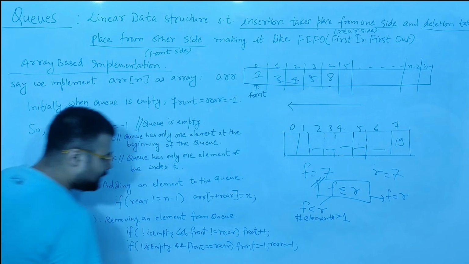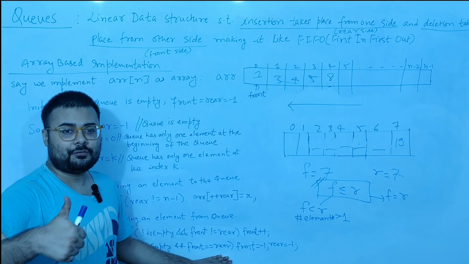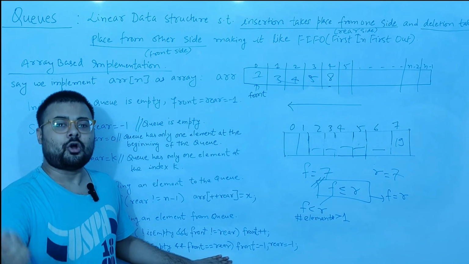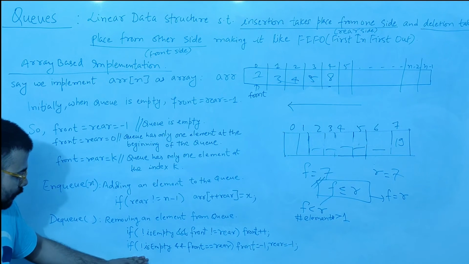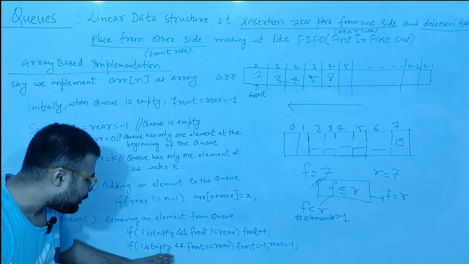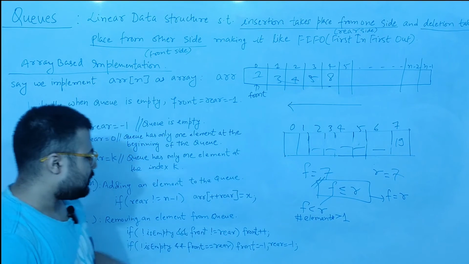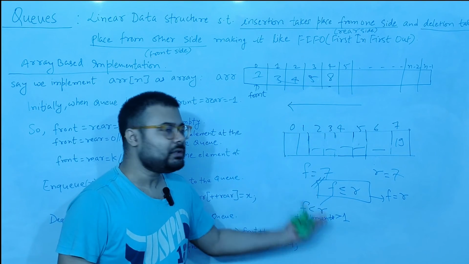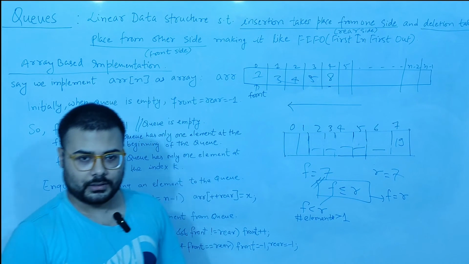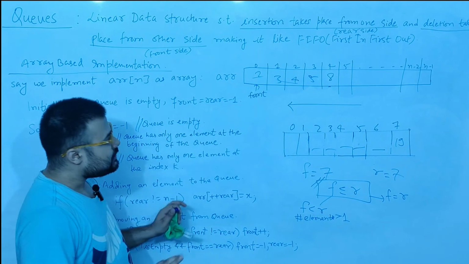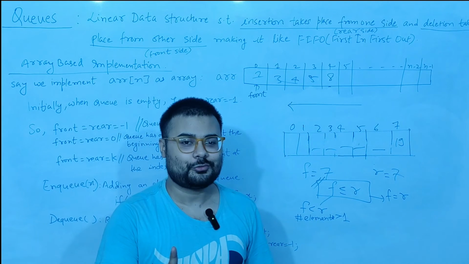Front equal to rear means either your queue is empty or your queue has only one element, but we have already made sure that if the queue is not empty and front is equal to rear, then after removing, the queue will become empty. So set front and rear as -1. Okay. So this is about linear, not circular queue.